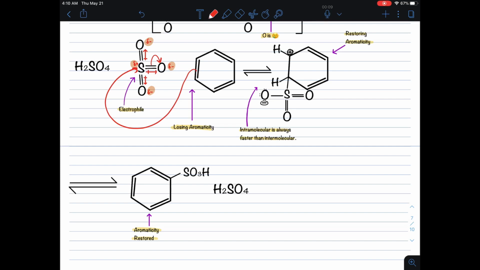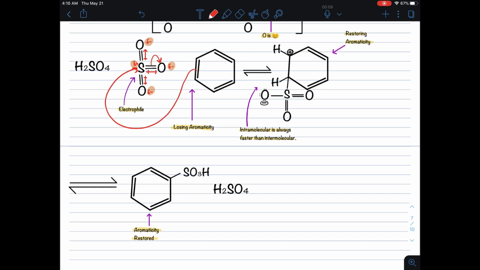And hydrogen's like, okay, fine, but of course with a little sass, and signals for a base to come and take it. Now here's something really interesting. So my professor hypothesizes that it's the sulfur group itself on the benzene that takes this proton off. And the reason she believes this is because intramolecular reactions tend to occur much faster than intermolecular reactions.